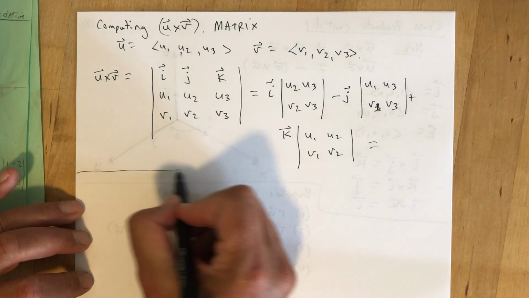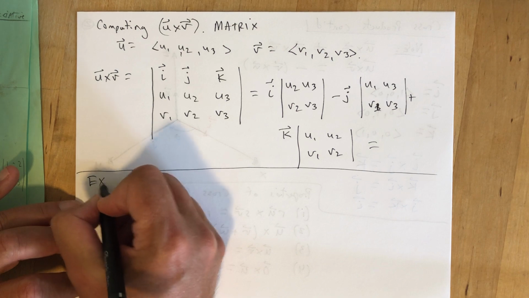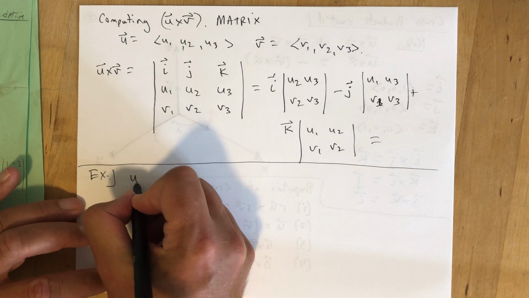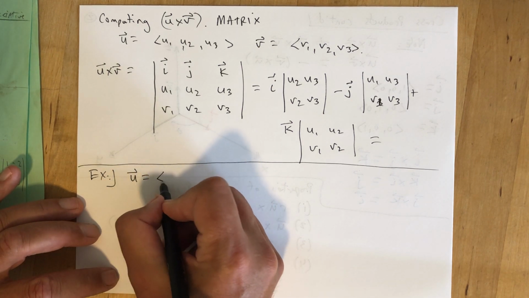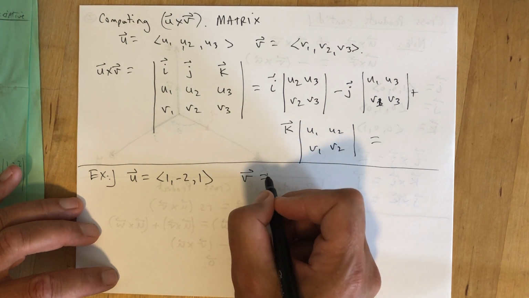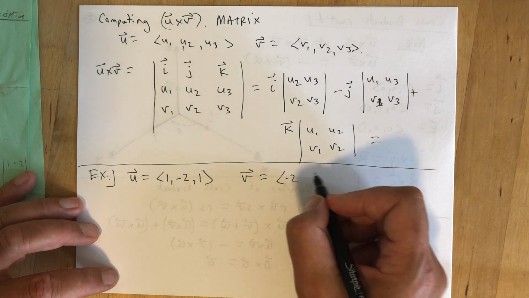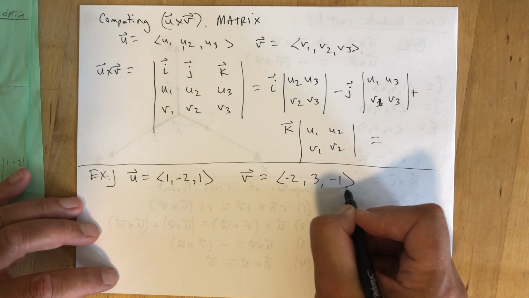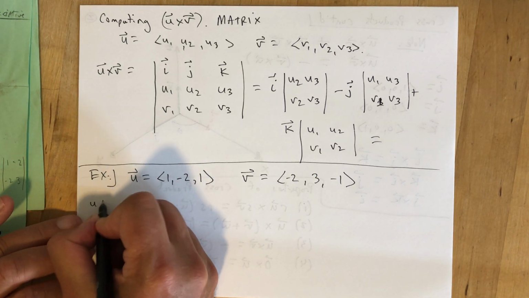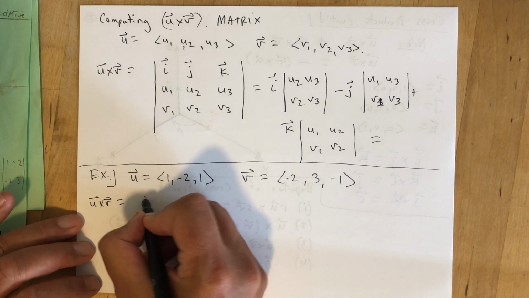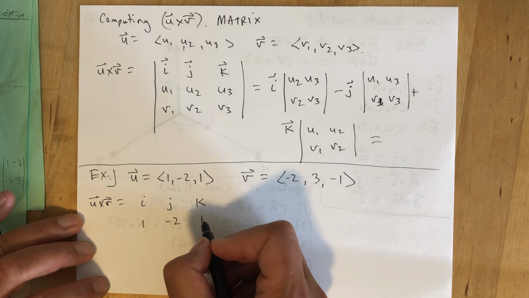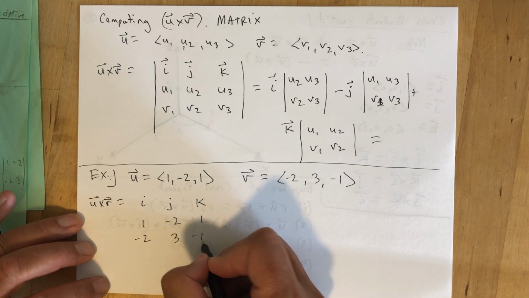And so, all right, let's do an example. So let u be the vector 1, minus 2, 1, and v is the vector minus 2, 3, minus 1. And so u cross v is going to be i, j, k, 1, minus 2, 1, minus 2, 3, minus 1.